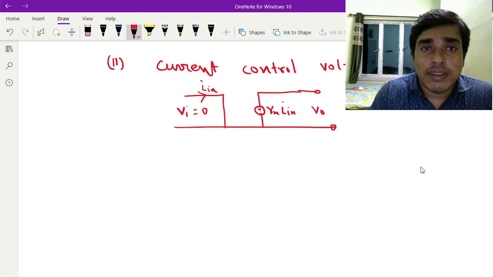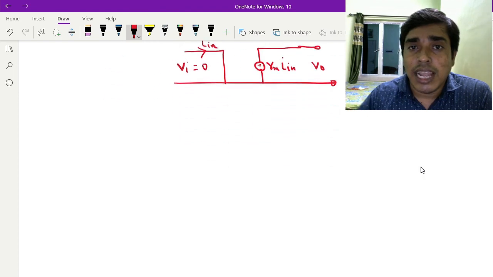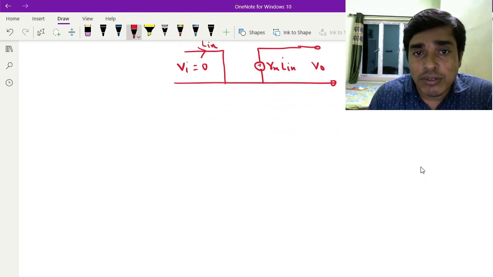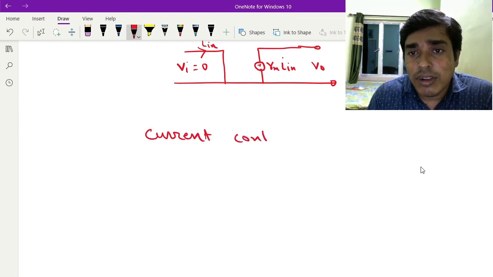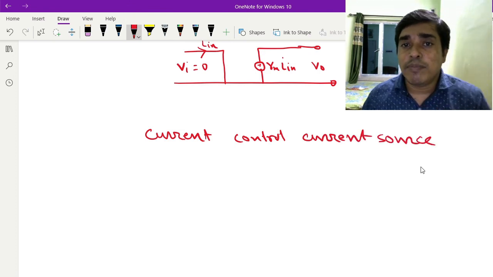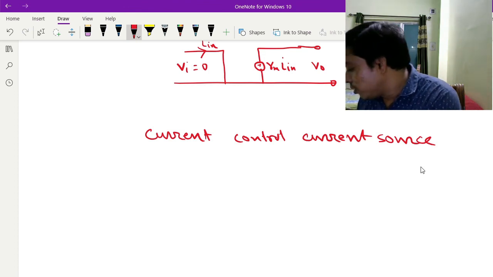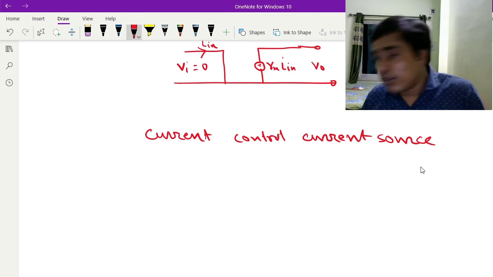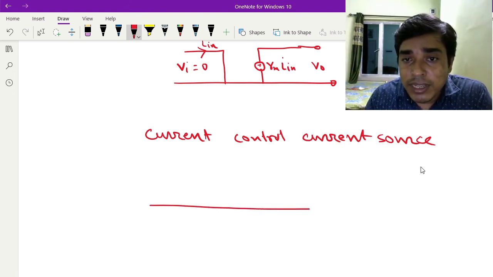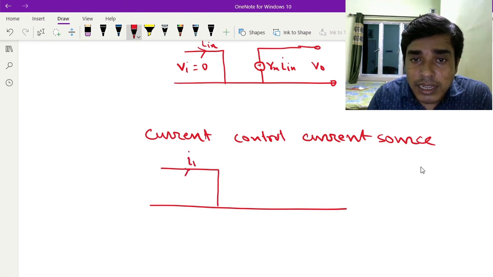This is number 2, the current dependent voltage source. And here is the dependent current source, the current controlled current source. How do you represent this? There must be a current, so this is I input.